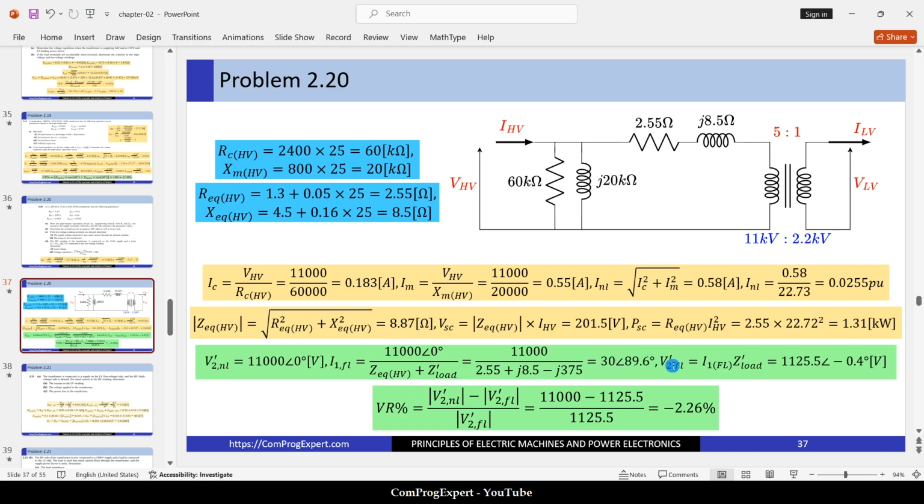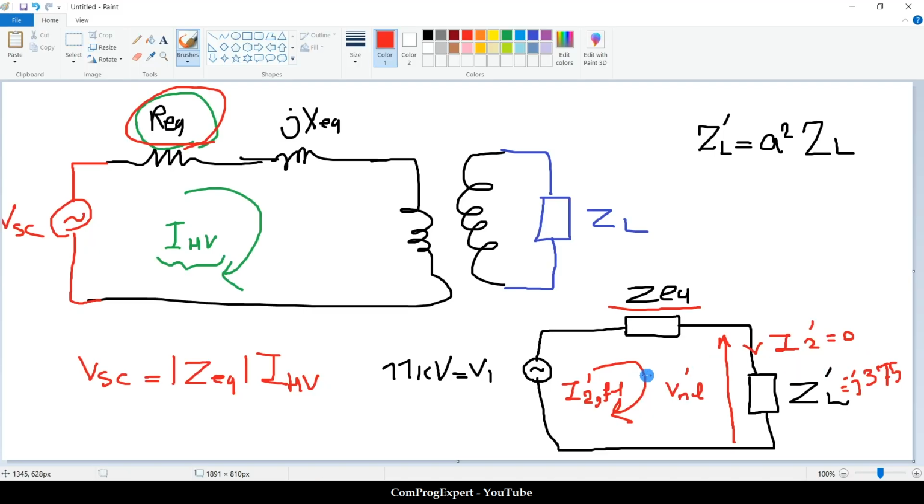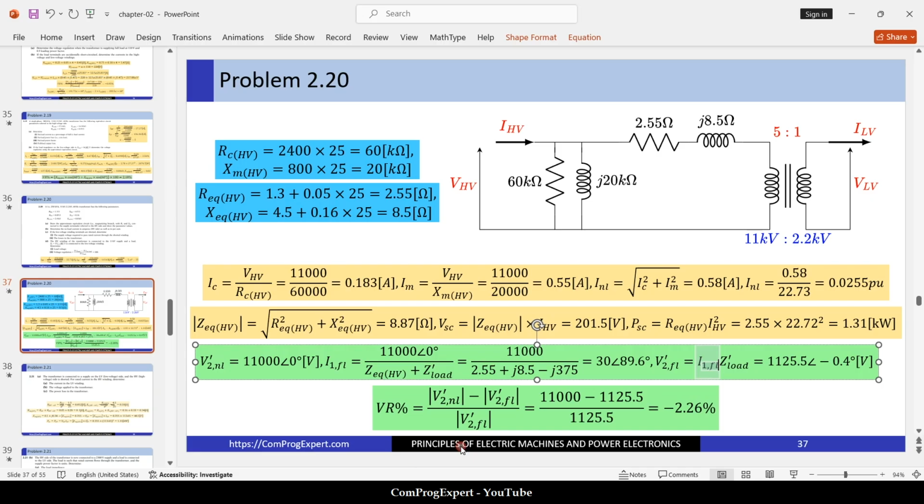What is the value of the V2 prime for the full load? It is equal to I1 for the full load times the ZL prime. This current times this impedance is the value of the V2 prime for the full load condition, that is equal to this one.